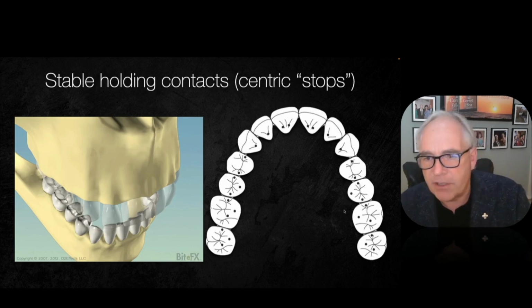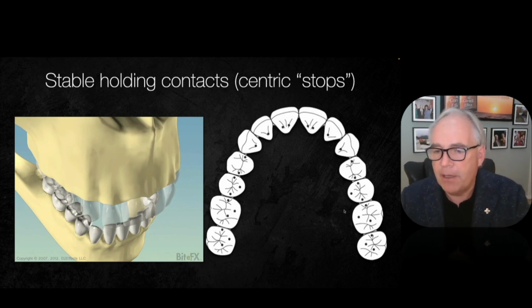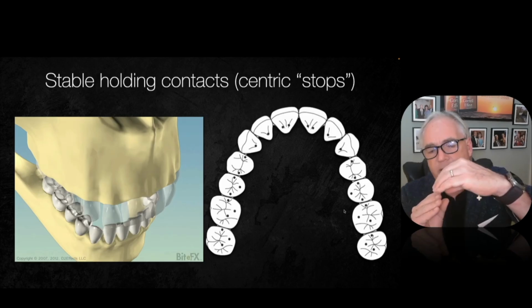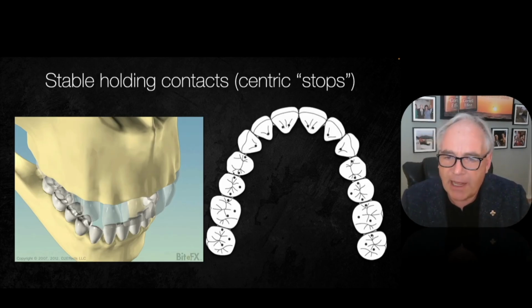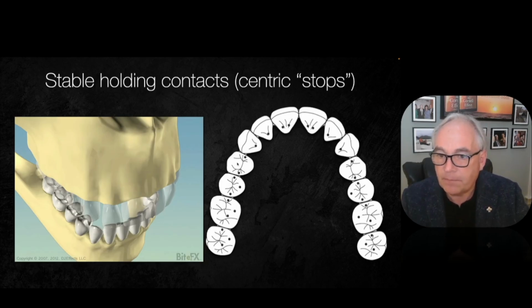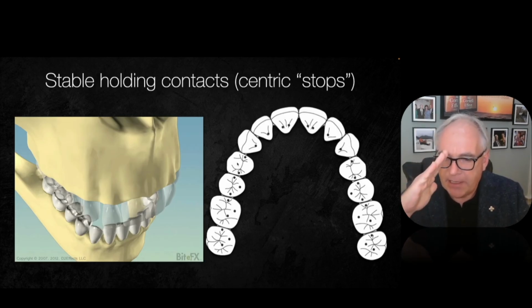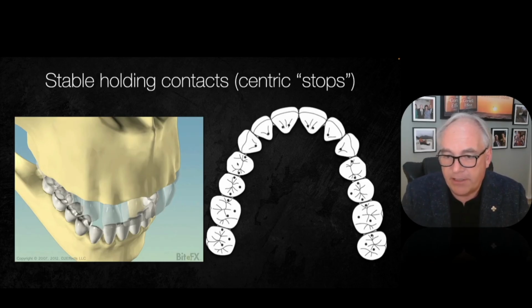So the reason we use the term stop is that when cusps find their way into fossas and they don't land on inclines, those cusps will stop the tooth from erupting. If you have a tooth landing on something that's on a slant, or if it's out of occlusion, that tooth can still shift position.